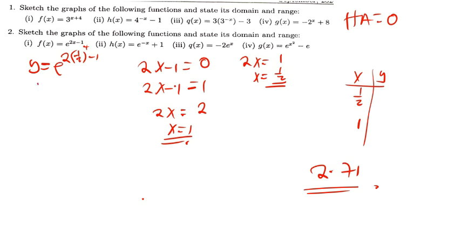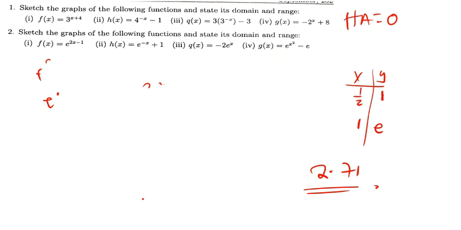So you have e raised to the power 0. Any number to the power 0 is 1. Then if I put 1, it's going to be e raised to the power 2 minus 1, which is e to the power 1. Any number to the power 1 is the number itself. One thing we have to keep in mind is that that's the approximate value of e.